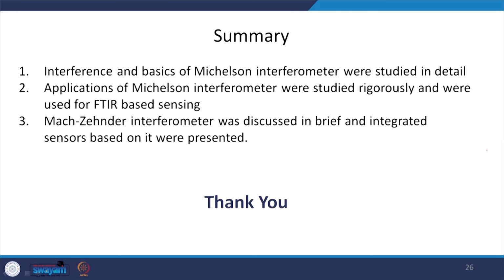So, let us summarize this. We discussed today what interference is and the basics of the Michelson interferometer. Then we studied the applications of the Michelson interferometer and how it can be used for sensing, and we showed one example of Fourier transform IR sensing. We studied Fourier transform spectroscopy, the basics, why we are going in IR, and how we are using it for detection of glucose in whole blood.